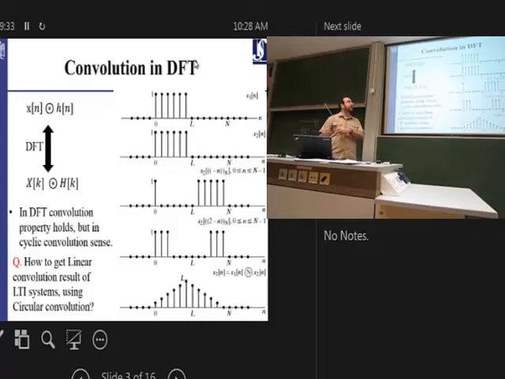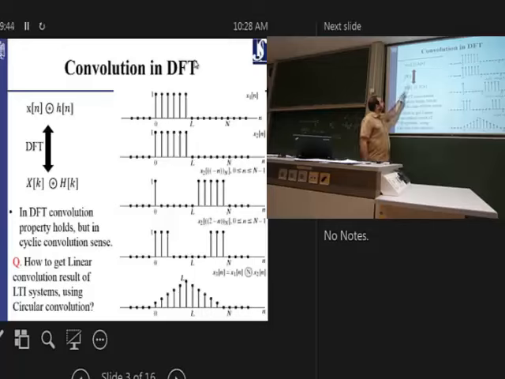Here in the DFT domain, exactly as in the continuous time domain, we have a convolution of a signal with a filter, or impulse response, h of n. If this is the convolution, then in the DFT domain we have, sorry, it should be multiplication. So I will just correct it.